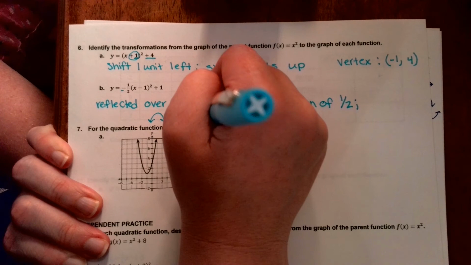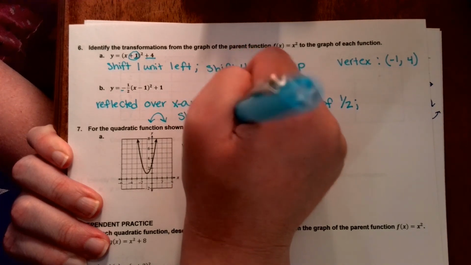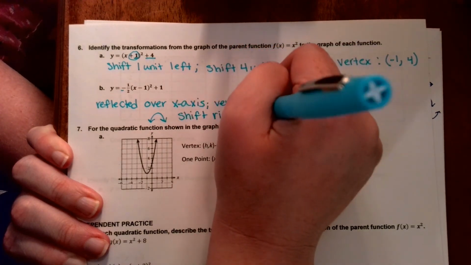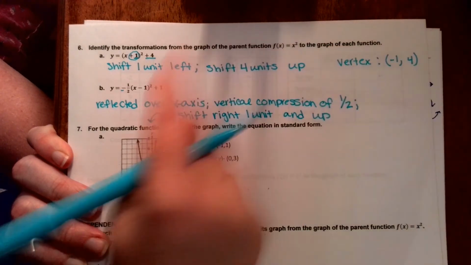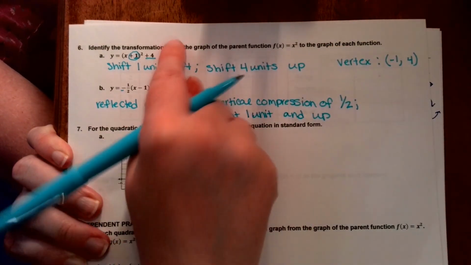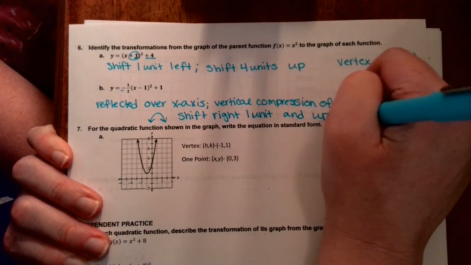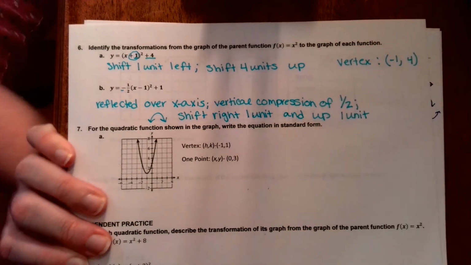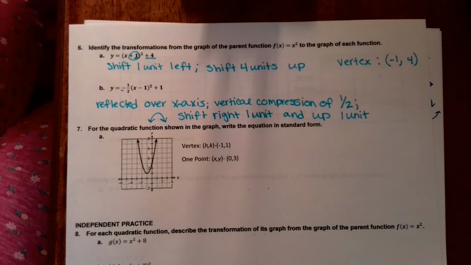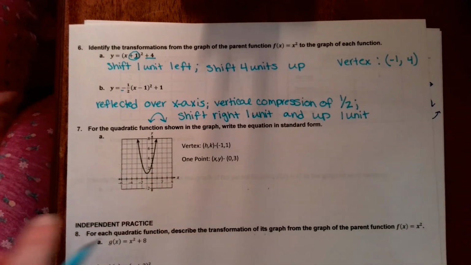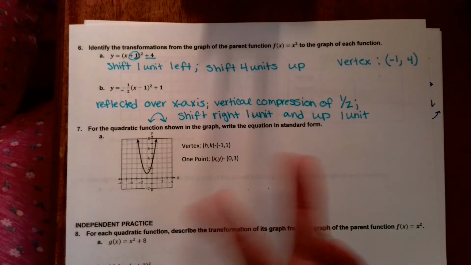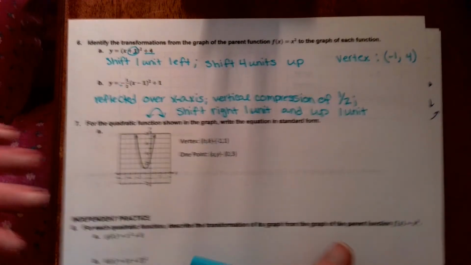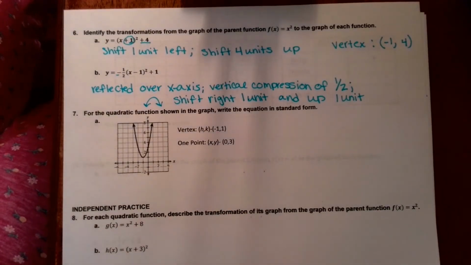So we shift right 1 unit and up 1 unit. That +1 shifts us up 1 unit. Okay, and if you have time, I would plug these into Desmos and just double check that and look at what those look like.